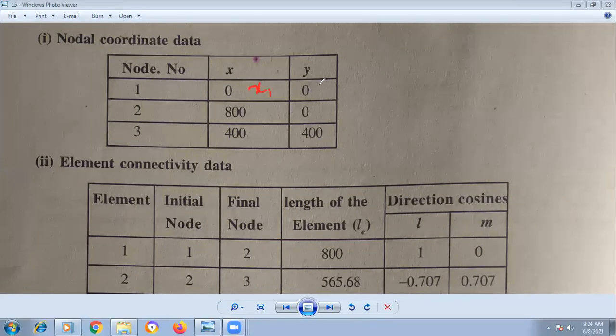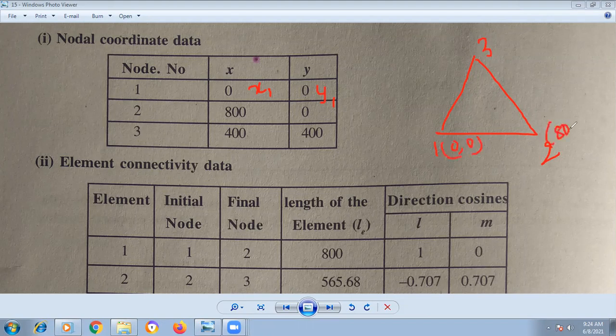Node 1 has coordinates x1, y1 equal to 0, 0, node 2 is 800, 0, and node 3 is 400, 400.